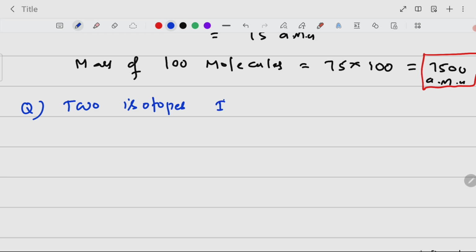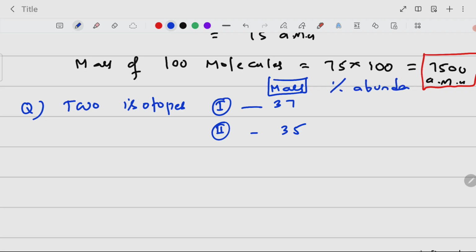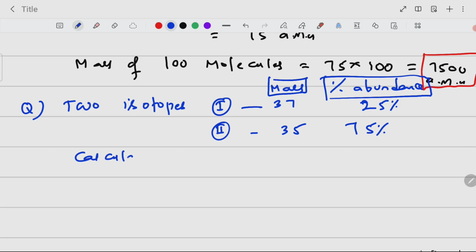Isotope 1 has mass 37 and isotope 2 has mass 35, and their percentage abundances are also given. It is a known question, a most important question. Here 75% is given and 25% is given. The question is to calculate the average atomic mass.